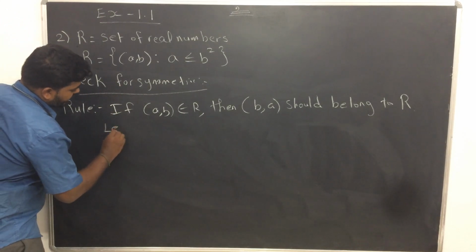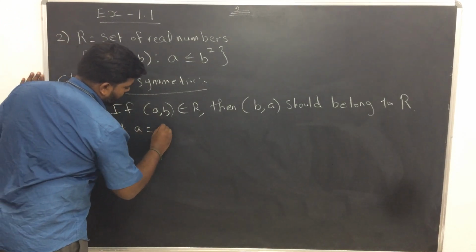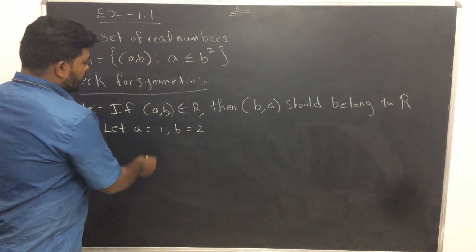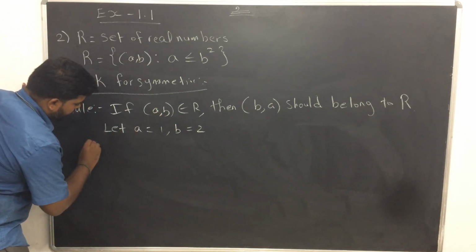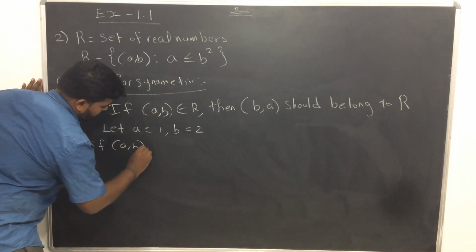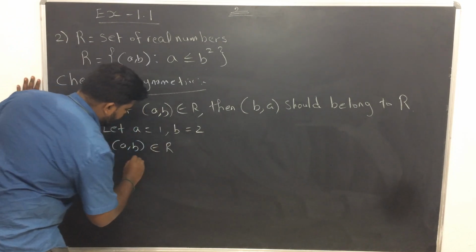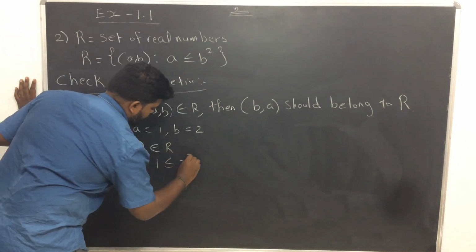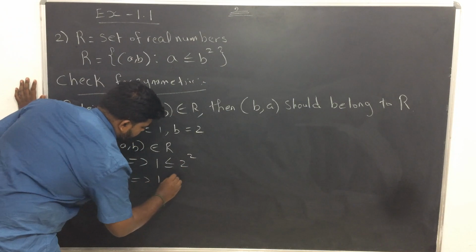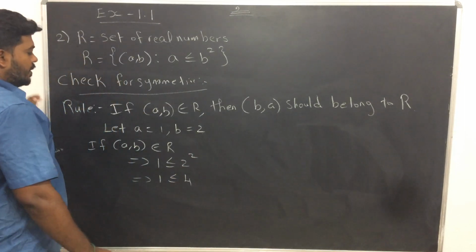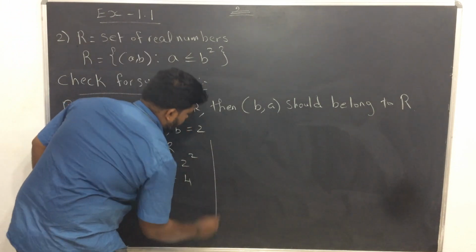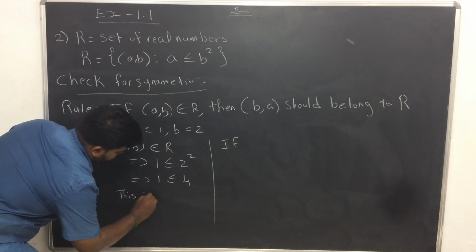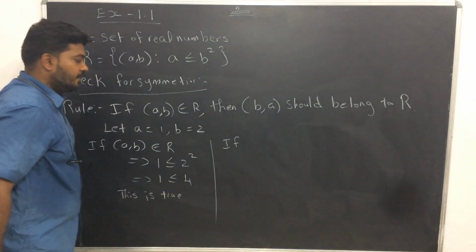Now, let's write it down. Let a be 1 and b be 2. 1 and 2 are real numbers. So we put a to be 1 and b to be 2. If (a, b) belongs to R, then it implies that 1 is less than or equal to 2 squared, which implies 1 is less than or equal to 4. This is true because 1 is less than 4.